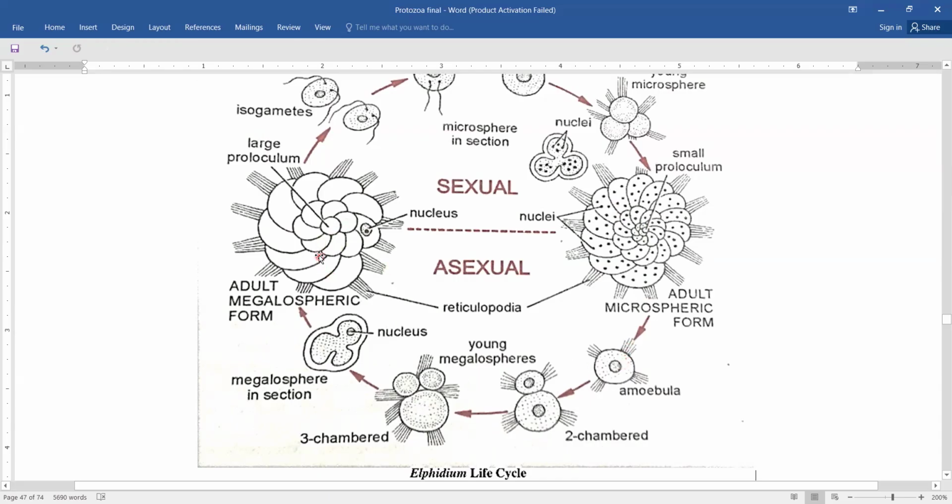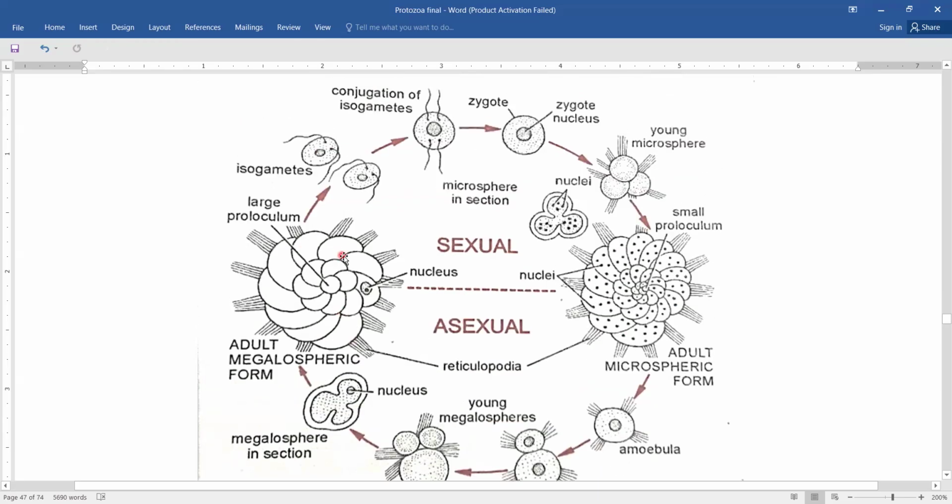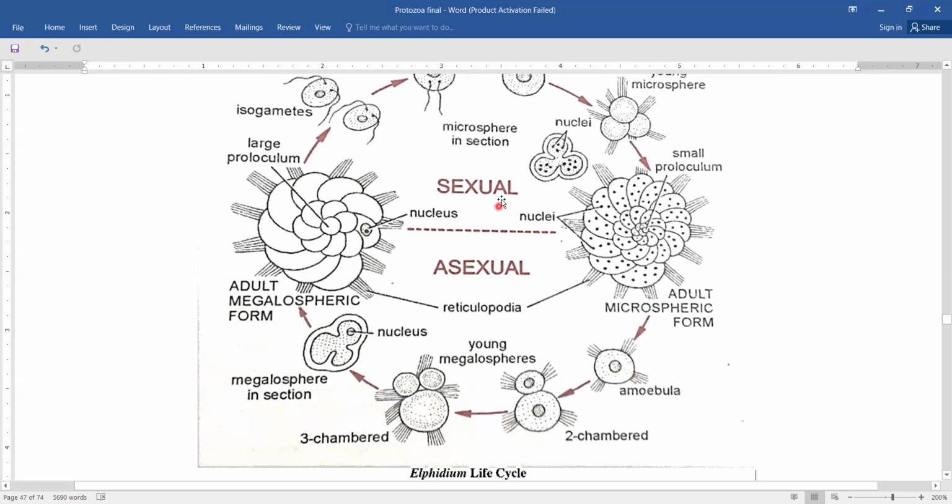Here only one amoebula is given, but actually many amoebulae are produced. From each amoebula, a single megalospheric form is produced. The microspheric form, which is multinucleate, undergoes asexual reproduction. The megalospheric form with a single nucleus undergoes sexual reproduction.